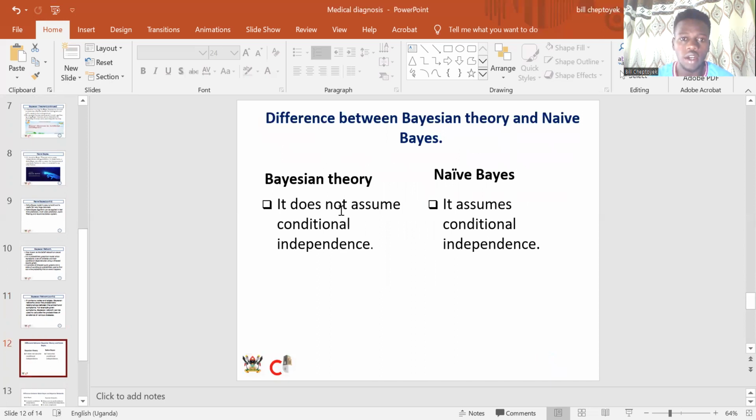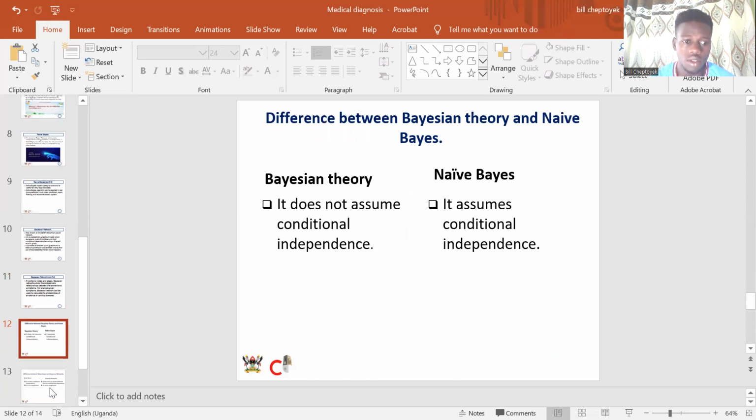Here, you shouldn't confuse the difference between Bayesian theory and naive Bayes. Bayesian theory does not assume conditional independence, but naive Bayes does assume conditional independence.